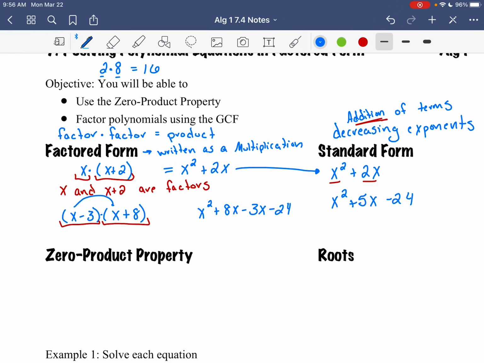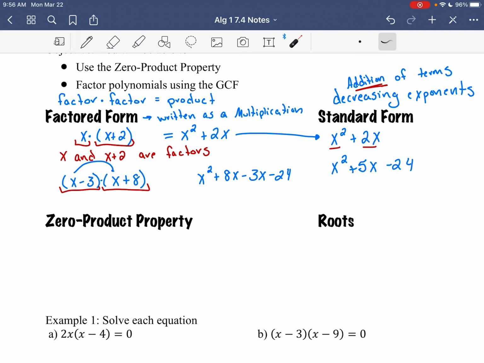What the zero product property tells me is if I'm multiplying two things, if I have something times something else and I end up getting a 0, we know whenever to get a 0 out from a multiplication, if I want to take 3 times something and get 0, the only possibility for this something is for it to be a 0. 3 times anything else is going to get me some number not 0.